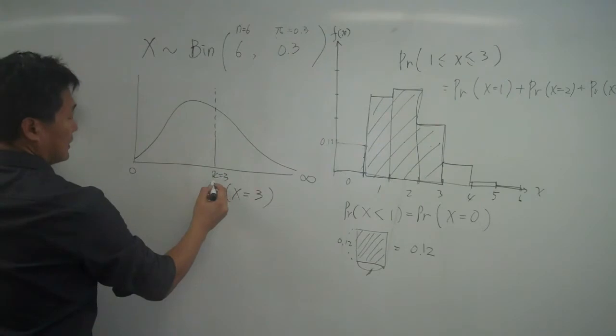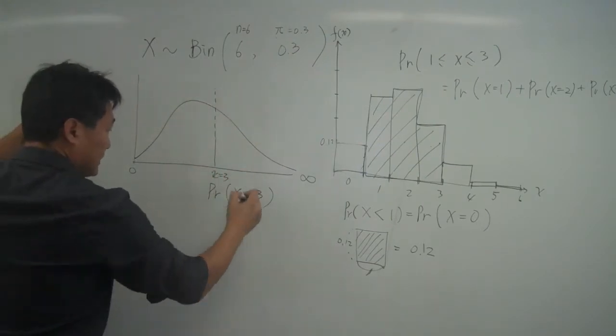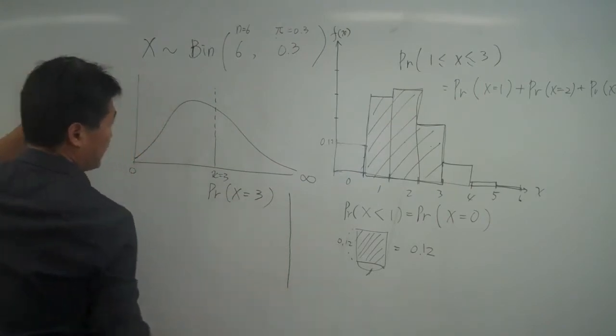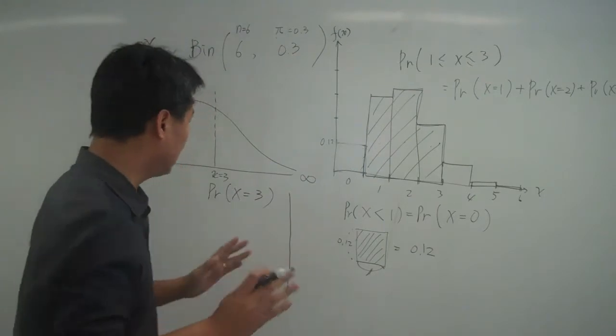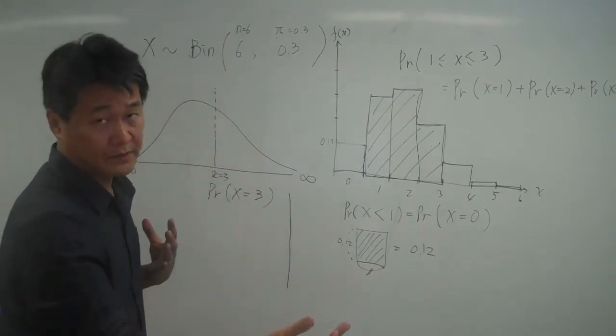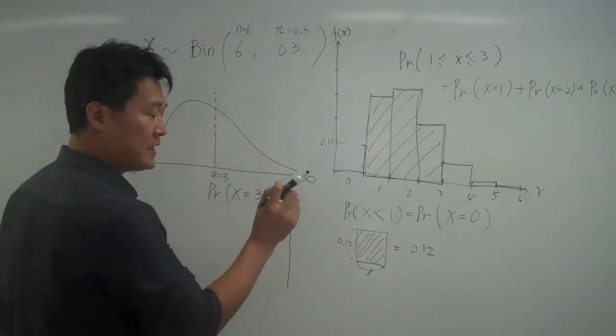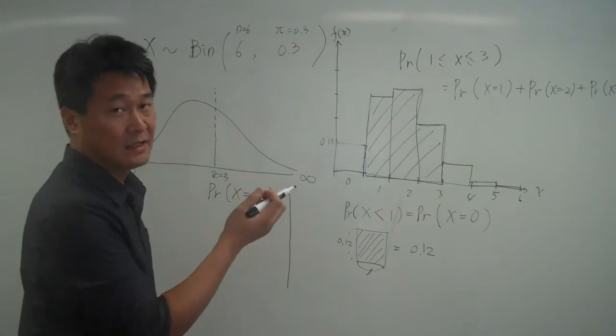if that is x equals 3, it should be just a line. Probably that line is very thin, because this x interval has infinite numbers. So any specific point, we cannot say there is any space.